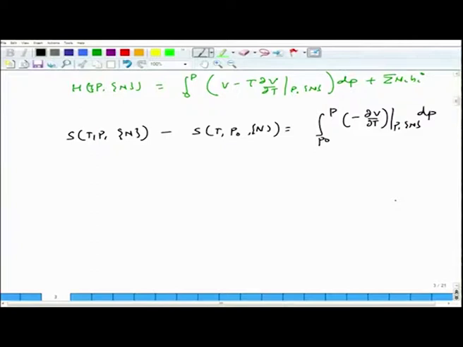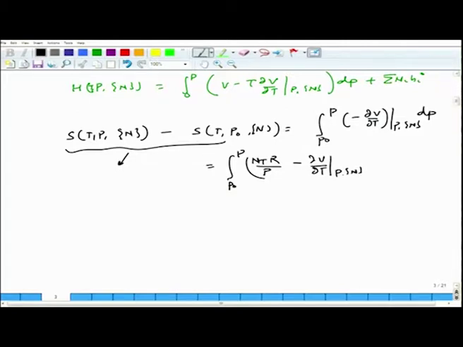Now, what we can further do is take this right hand side, and this expression comes here, and I am going to play with the term such that I insert nR by P minus del V by del T at P, dP, and then since we have added this, I am going to subtract this term.